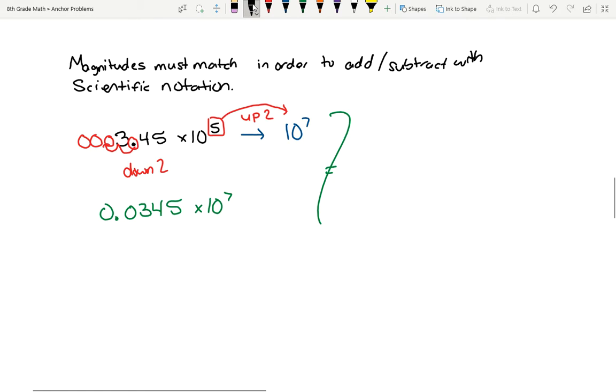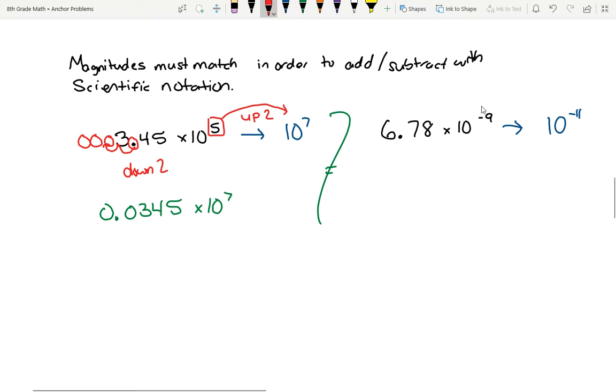But just in case, what if you had to go to a different direction? For example, if you had 6.78, I know, creative, right? 6.78 times 10 to the negative 9th. And your question was asking you to go, I want this to be 10 to the negative 11th.